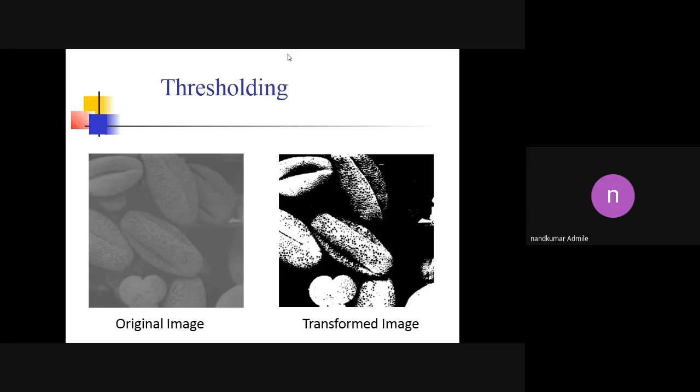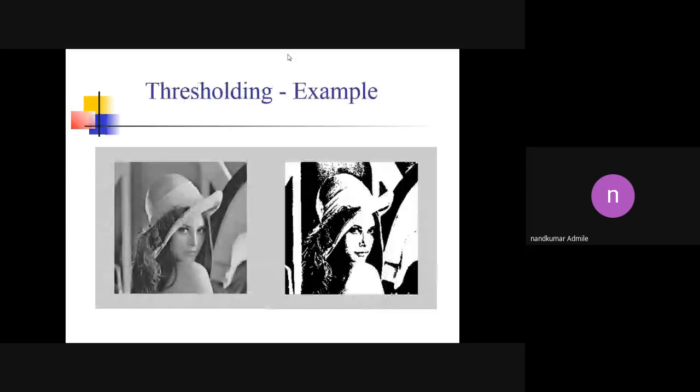So due to thresholding, we can subdivide the image into two parts. The black color becomes more dark, and the white color becomes more bright. So this is the concept of image thresholding.